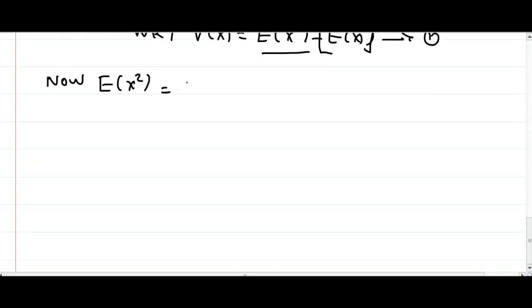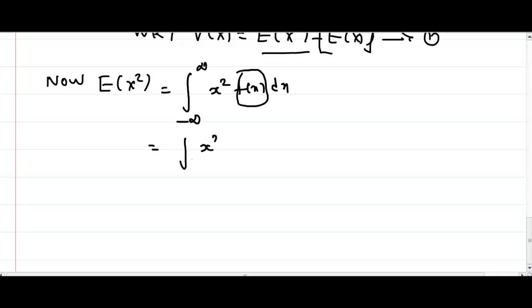So what is the e of x square term? That is nothing but integration from minus infinity to plus infinity of x square into f of x into dx. Substitute the f of x value here. Given a uniform distribution, it is integration of x square into 1 by b minus a into dx, where the limit varies from a to b.